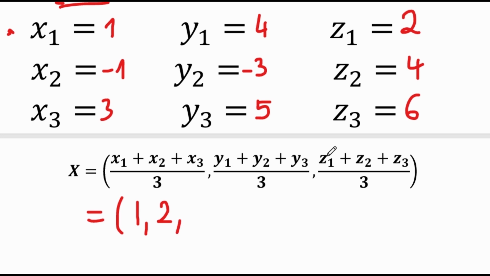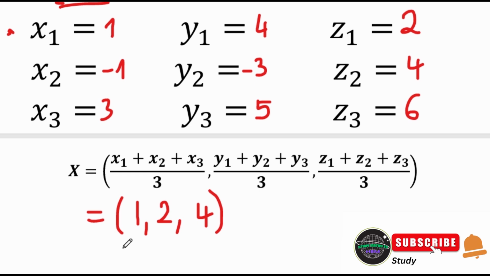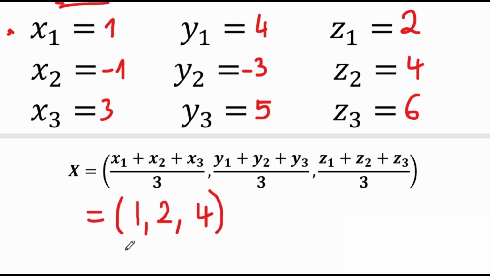Then z1 plus z2 plus z3 over 3. Here we take 2 plus 4 plus 6, and this is equal to 12. Now 12 divided by 3 equals 4. Hence, the centroid of this triangle is the point 1, 2, 4.